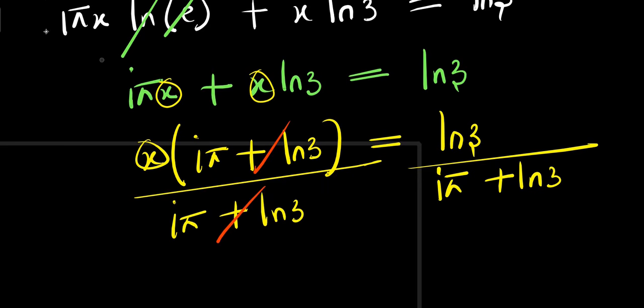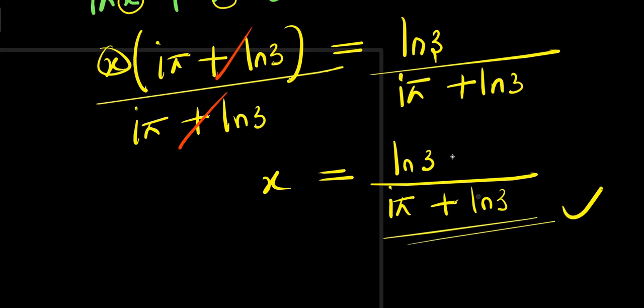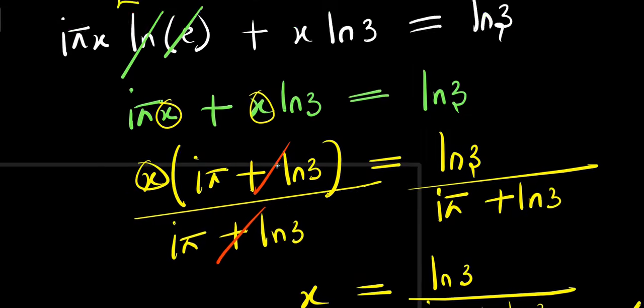So what I'm going to have will be x equals natural log of 3 divided by (i pi plus natural log of 3). So that is our solution for now.